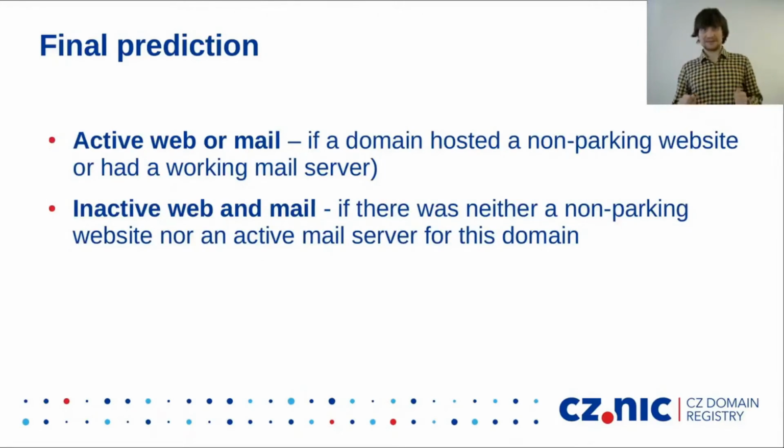And finally, we aggregated the data about web content classification and mail service, and we did final predictions. So when a domain had either a working mail server or it hosted a non-parking website, it was marked active. And if there was neither a non-parking website for that domain nor a mail server, then we marked such domain as inactive.